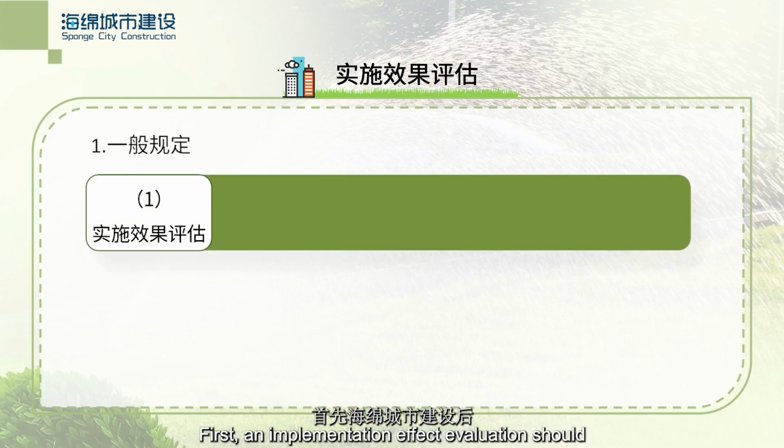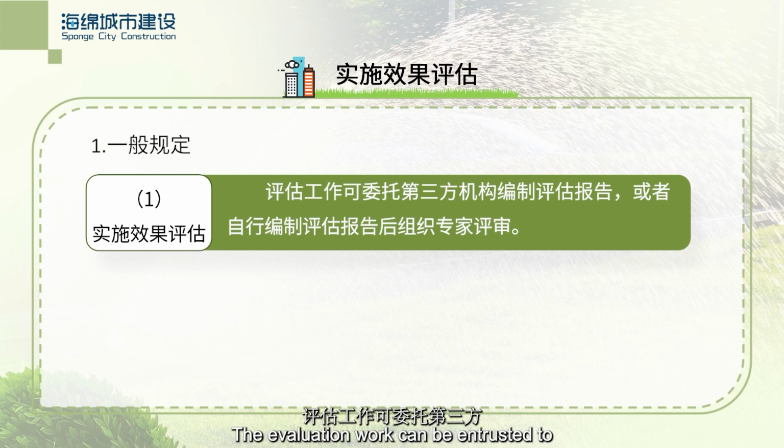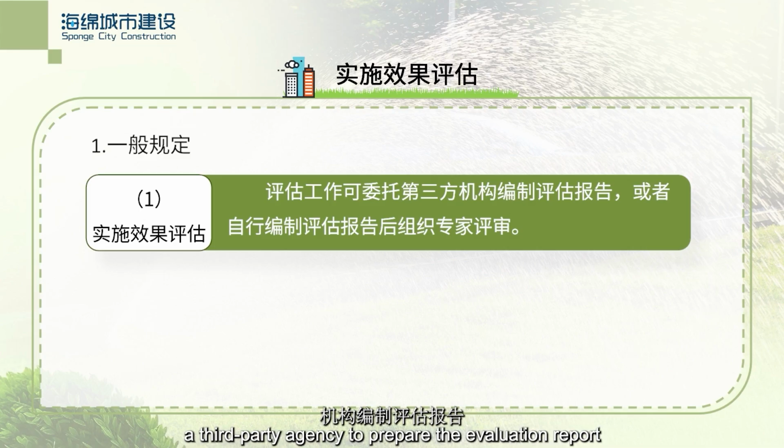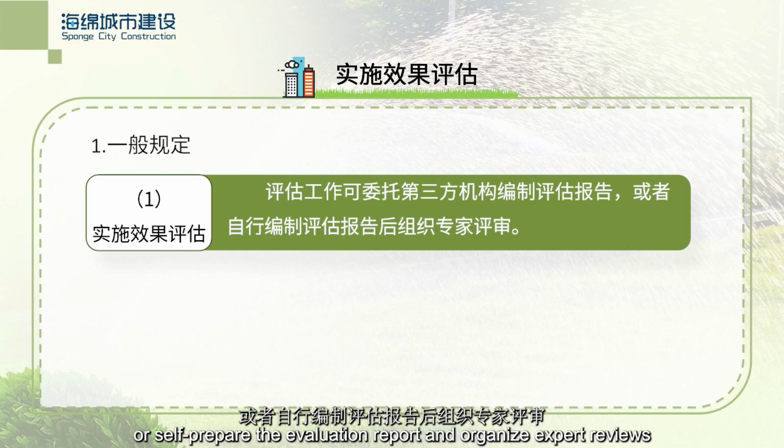First, an implementation effect evaluation should be conducted after sponge city construction. The evaluation work can be entrusted to a third-party agency to prepare the evaluation report, or self-prepare the evaluation report and organize expert reviews.